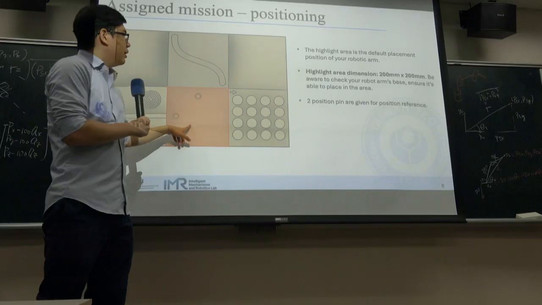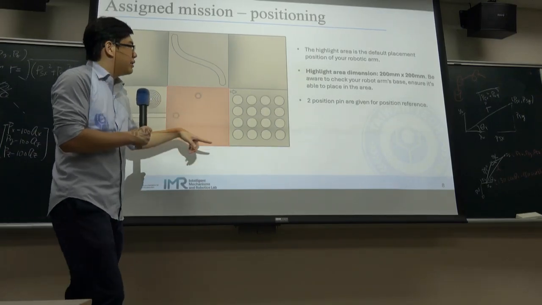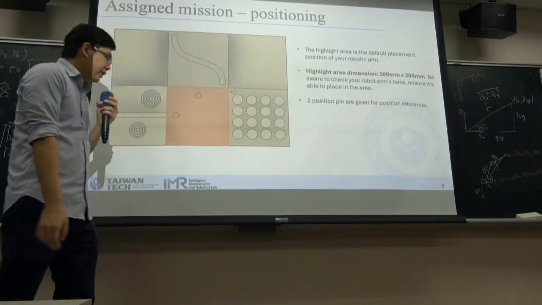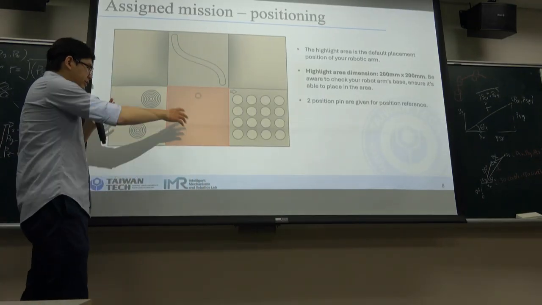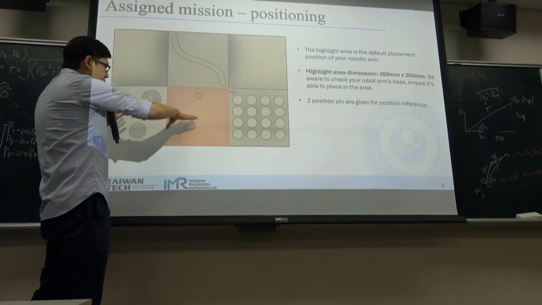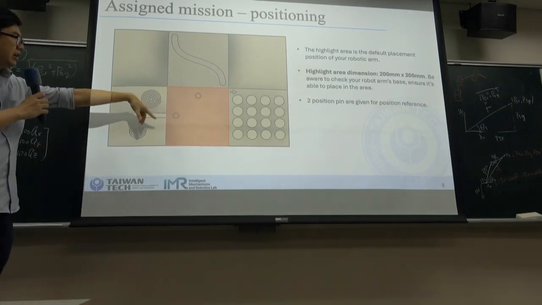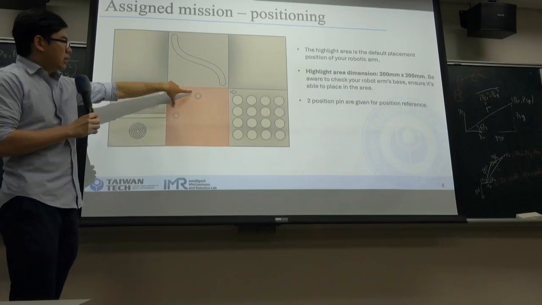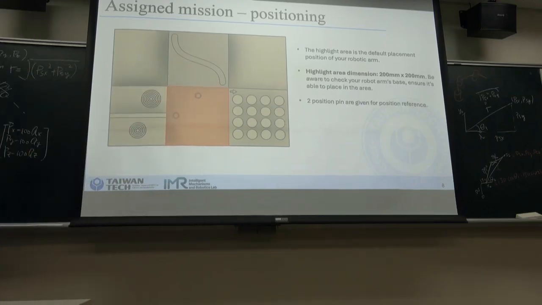The area is 20 centimeters times 20 centimeters square, so you need to make sure that your robot can fit into this area. And there are 2 position pins for your position reference.